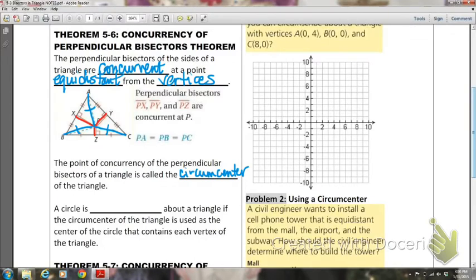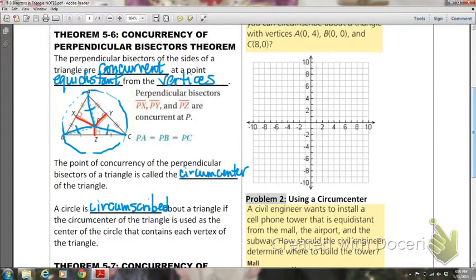And it's called a circumcenter because if you have a circle that is circumscribed about a triangle, let me try to show you what it would look like.